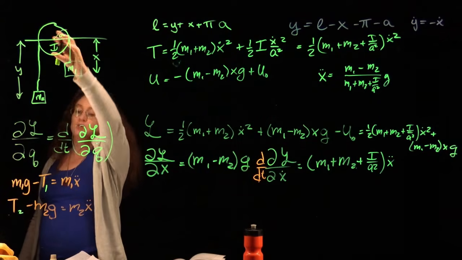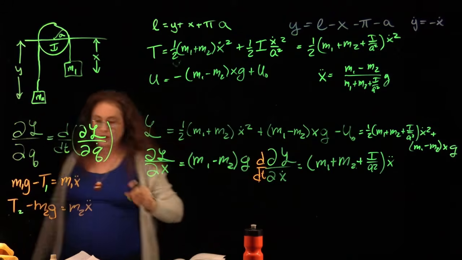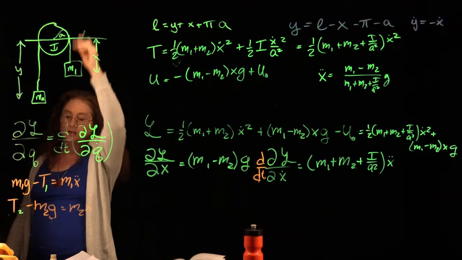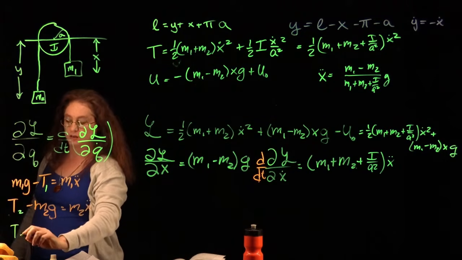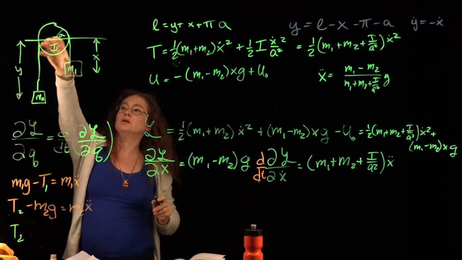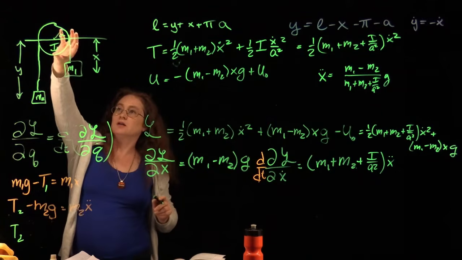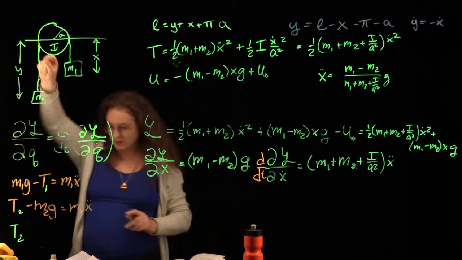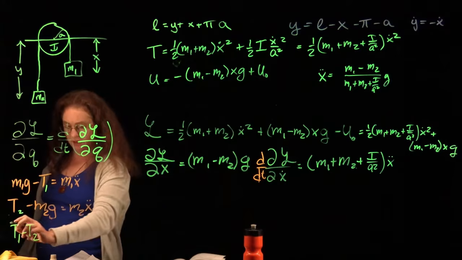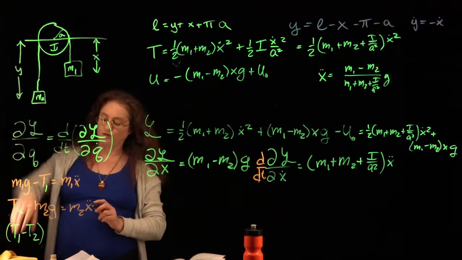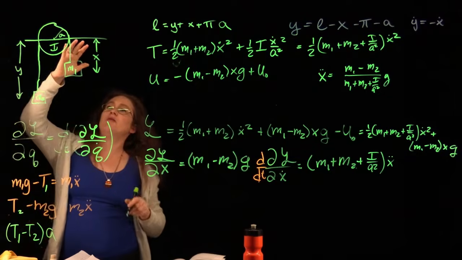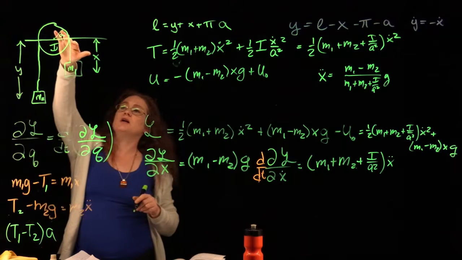Because I want to get everything in terms of the derivatives of x, here I'm going to consider rotations this way to be positive. And that means that T1 acts negative. If T2 is larger, then, let's see, I had that backwards. I want to have this as T1 minus T2 is our net force times A, because here, this torque, I have the radius cross with the force.